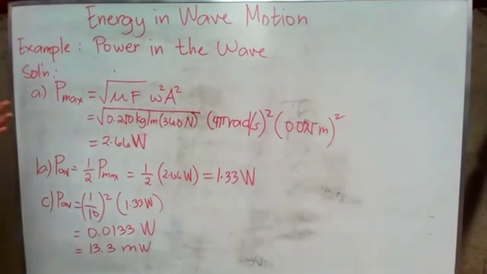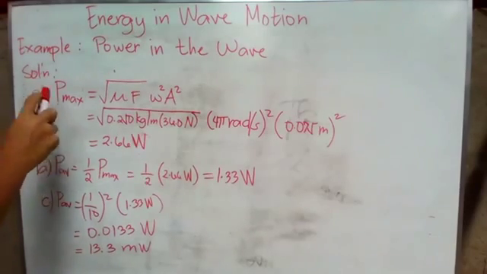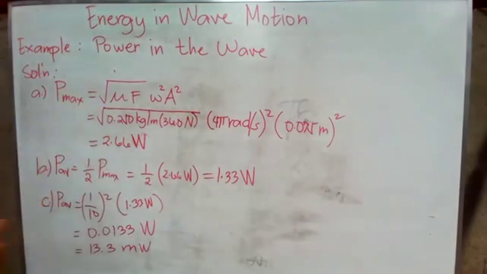Our target in question A is to find the instantaneous power. So we use the formula P max is equal to the square root of mu F times omega squared and A squared.